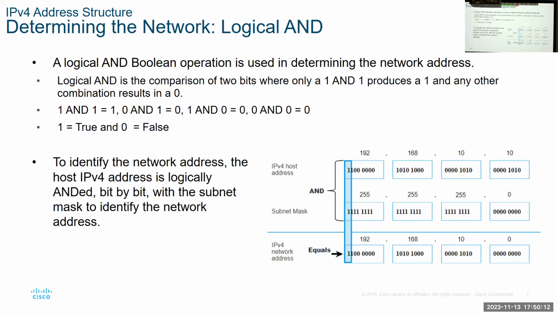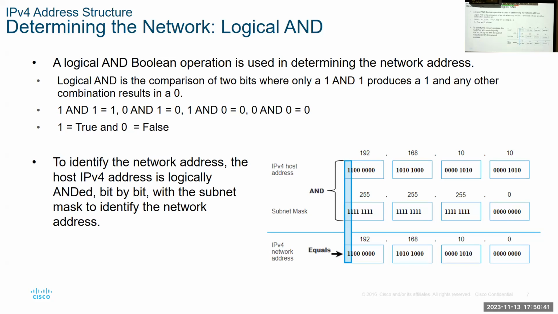Because 255 means all ones, right? Anywhere there's a 1 in the subnet mask, the only way there will be a 1 result is if there's a corresponding 1 in the IP address in that same location. So with binary ANDing, only 1 and 1 makes 1. It's like multiplication.